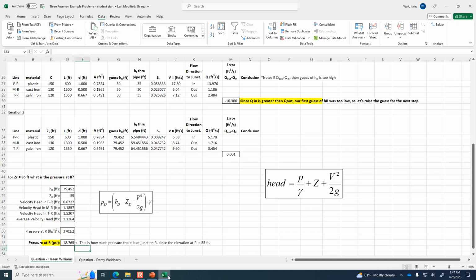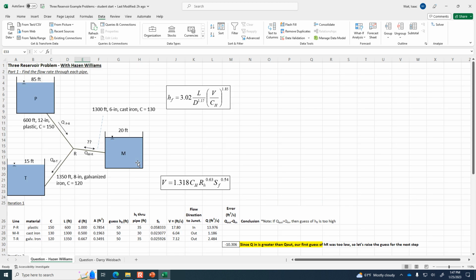So basically, you can just use this to make your own problem. Name the reservoirs something, give them some elevation, choose a pipe length, choose a pipe material type. Once you've got it solved one time, if you create an example of your own, then that'll help to reinforce the method.